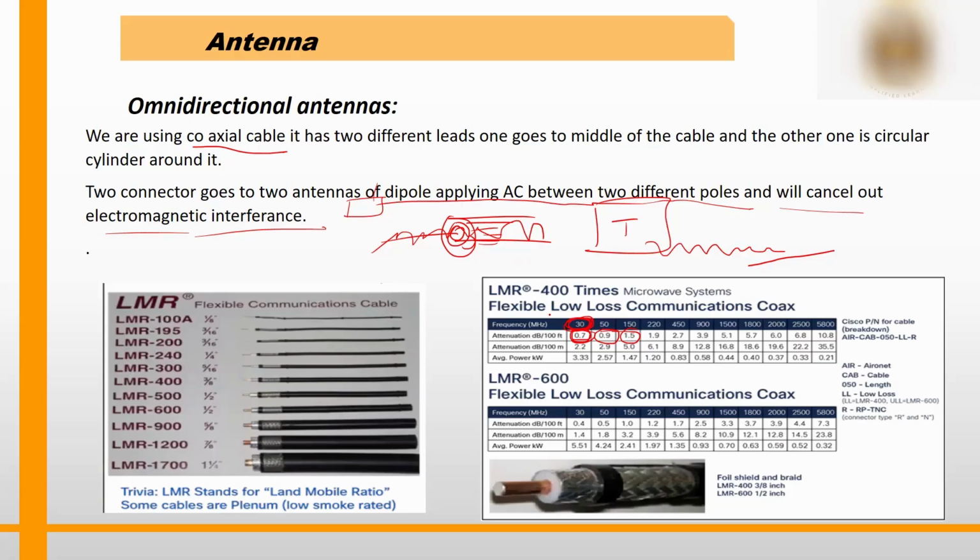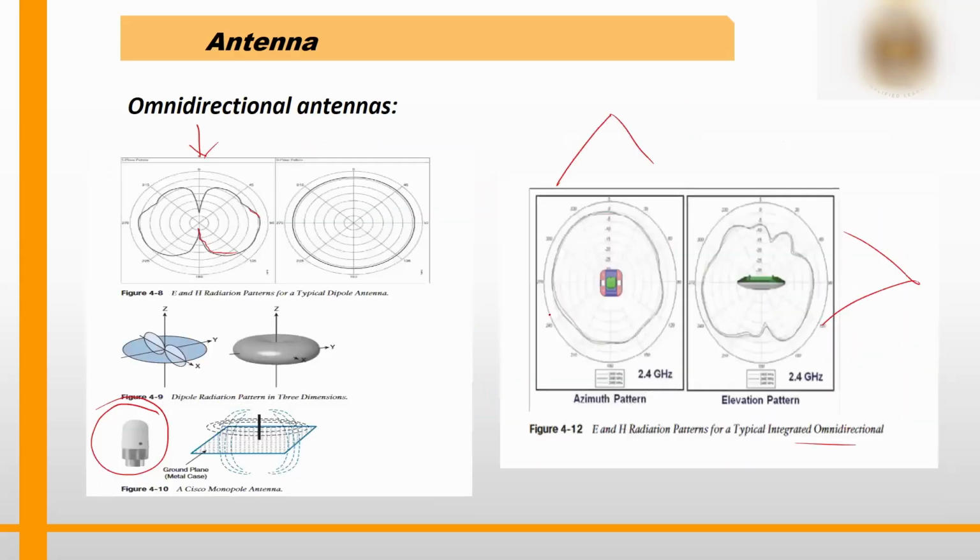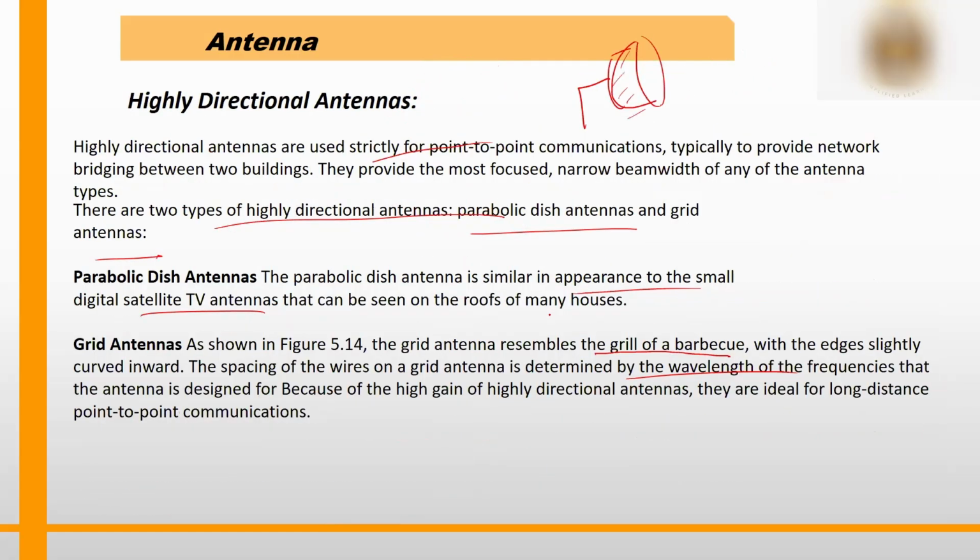And not only this, it will add a few other attenuations like the lightning arresters, and a few other components that we studied in yesterday's session, like grounding wires. All those things are going to add to the attenuation.